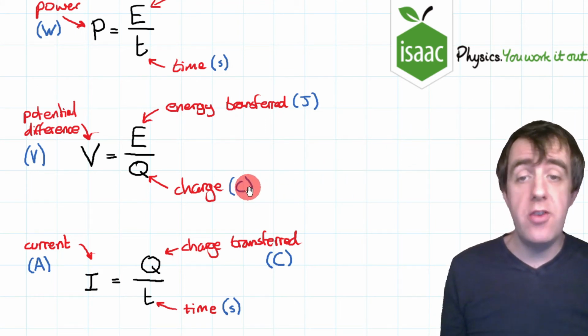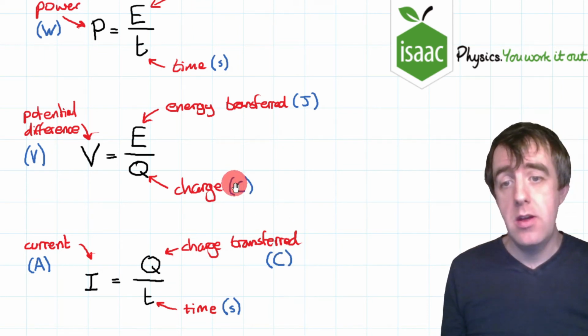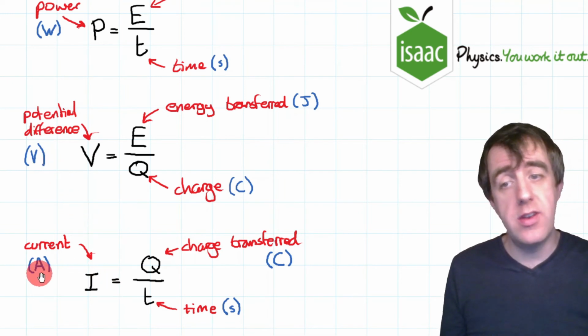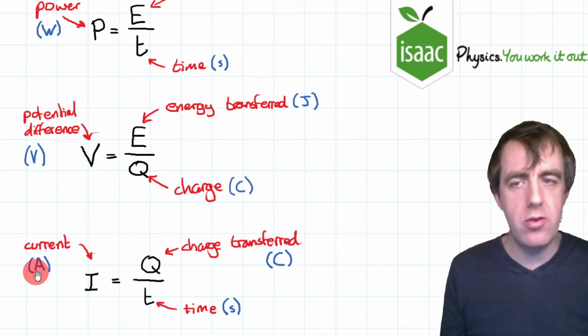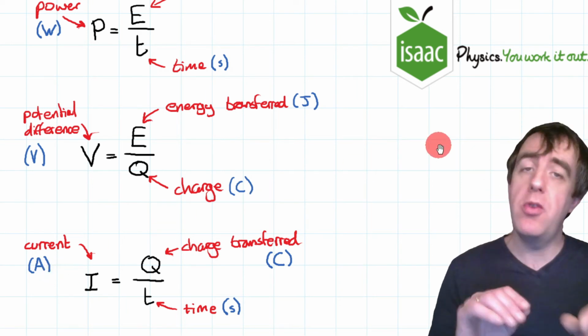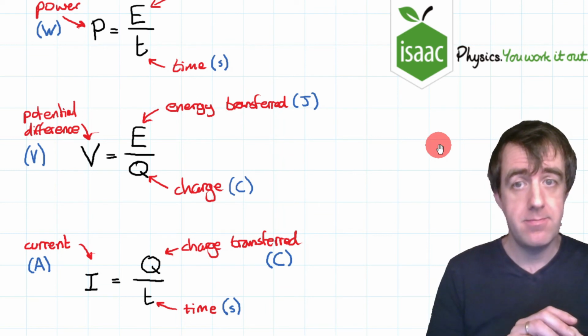The unit of charge is coulombs with a capital C, and the unit of potential difference is the volt, and the unit of current is the ampere, or the amp for short. That's a capital V and a capital A. Don't get the symbols for the units confused with the letters in the equations.